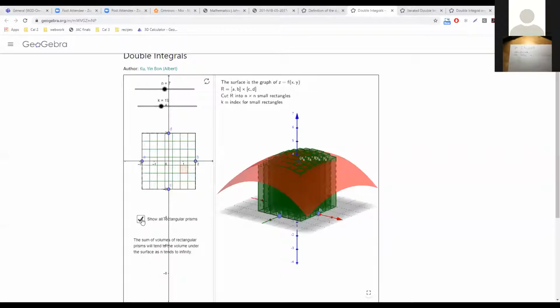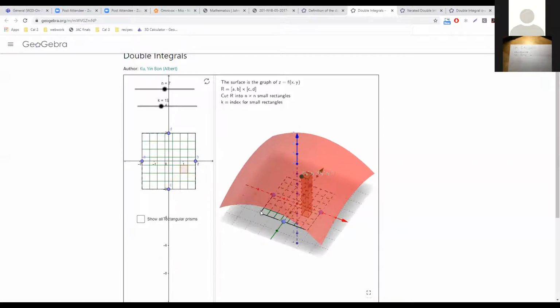That is nothing else but the width and the length of each of these sub-rectangles of the rectangular region above which I'm integrating. Knowing those two, I can find the area of each of these sub-rectangles.